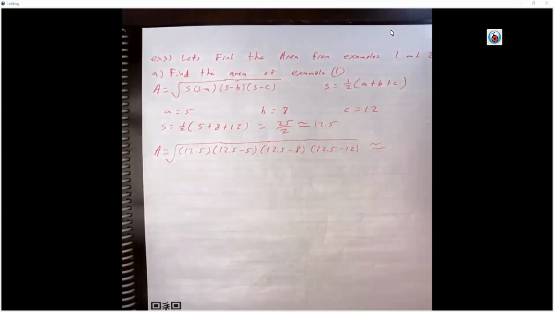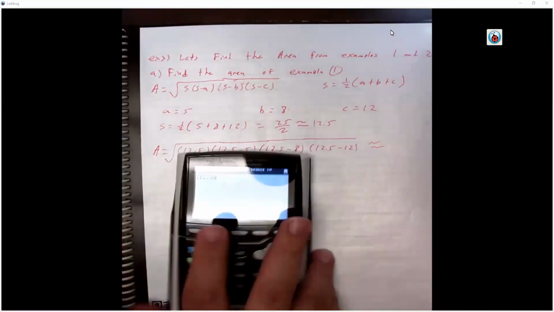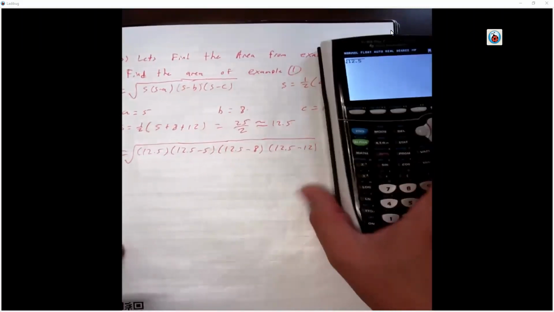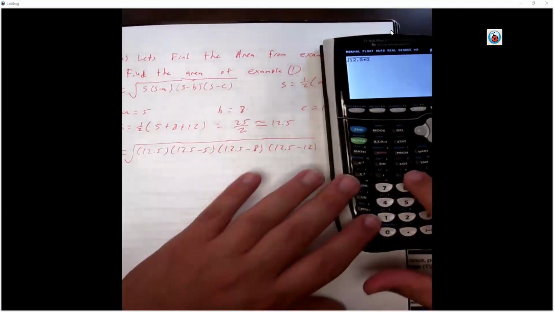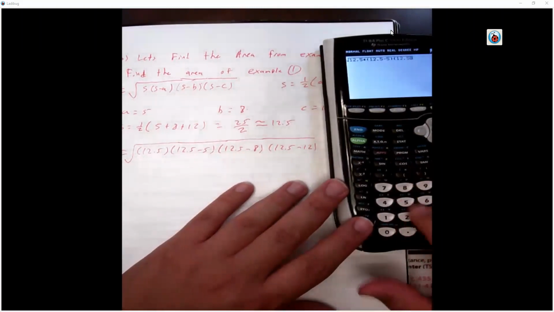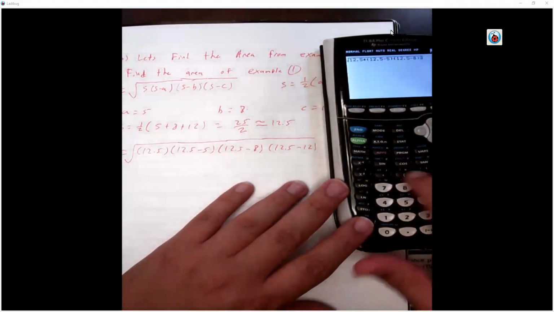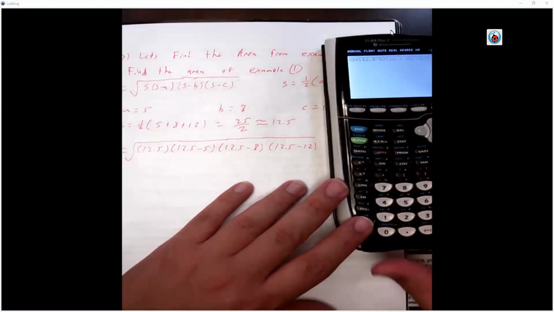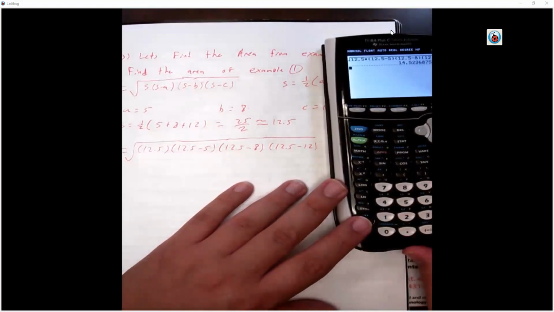What's that going to be here? So about 14.5, we'll round to 1 decimal.